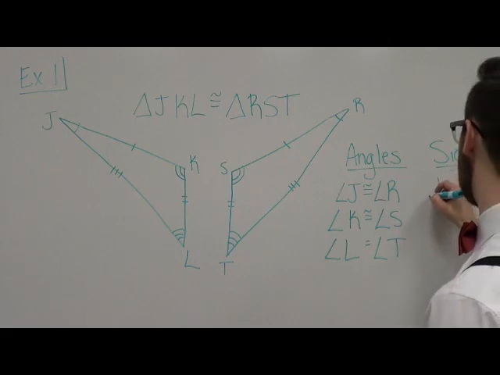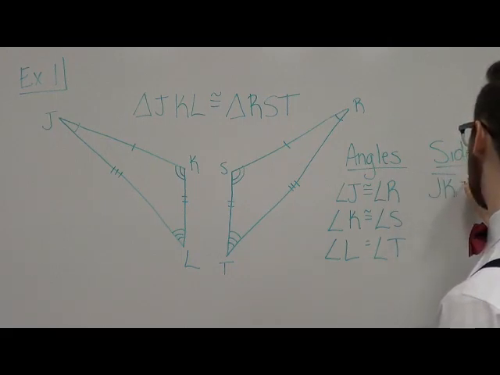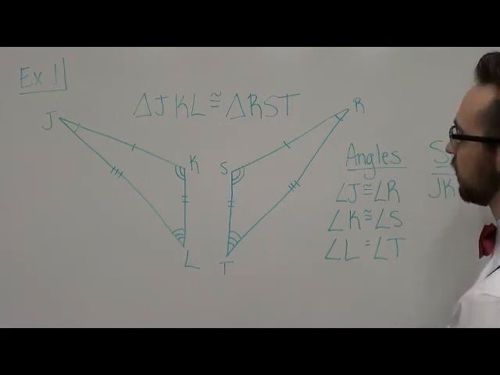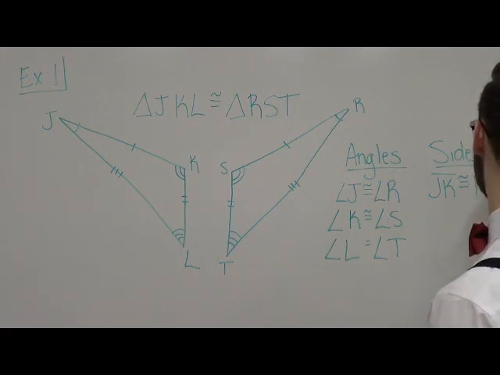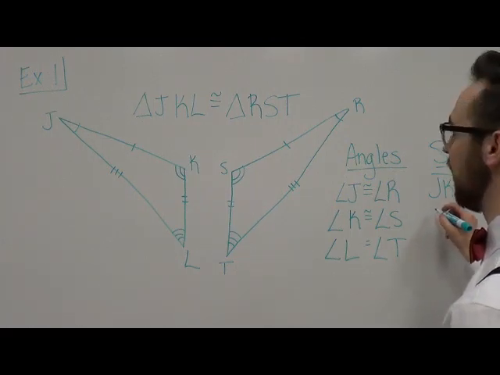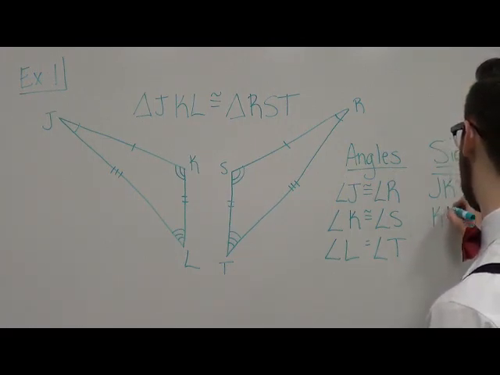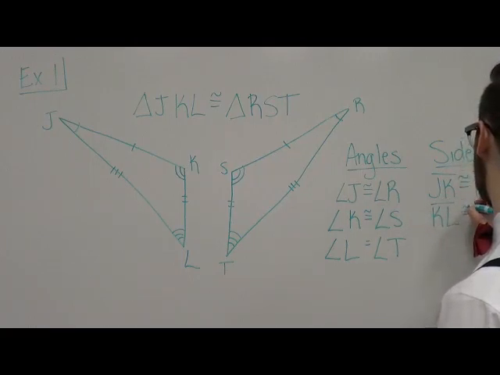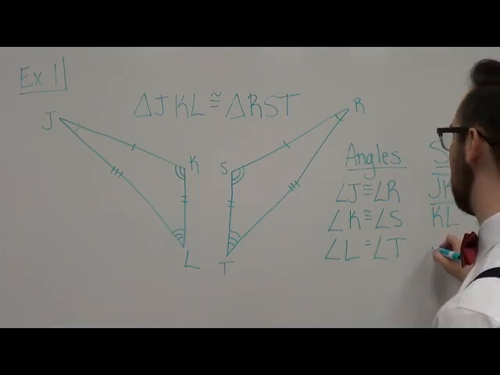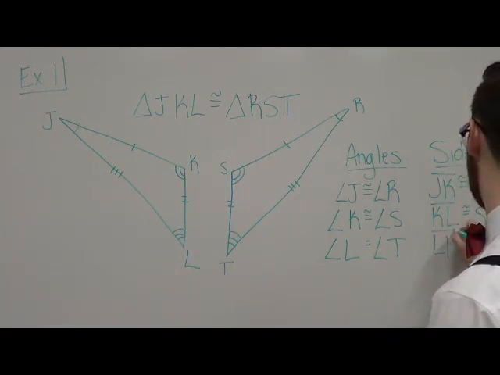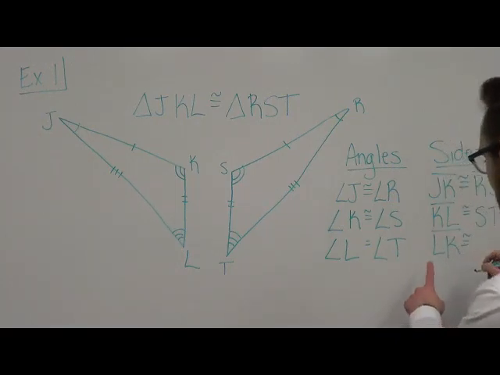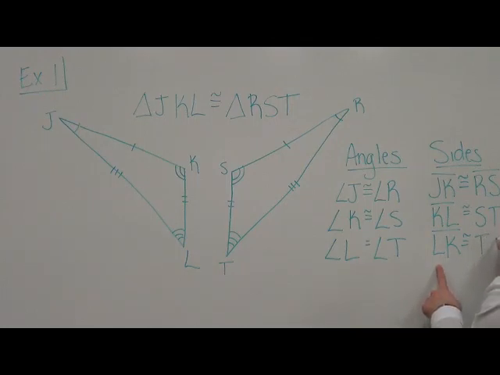We would say that JK, side JK, is congruent to RS. And then we'd have KL is congruent to ST. And then LJ, and again, make sure they're in the same order. So L is with T, so then that would have to go TR, not RT. So again, just making sure that everything is in the same order.